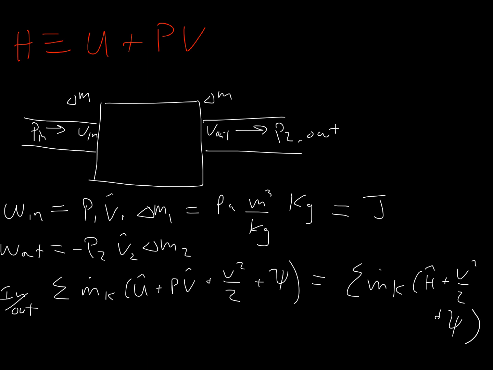The U contains all the information from the molecular motion, but it doesn't contain the collective motion or PV work going on there. But this is why we use enthalpy: to get material to flow into a system, you have to do a little bit extra work to push it in. Hopefully that makes sense. Any questions?